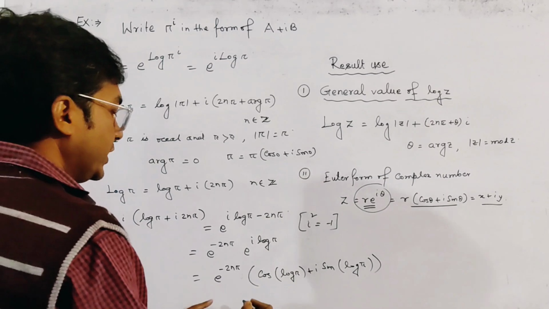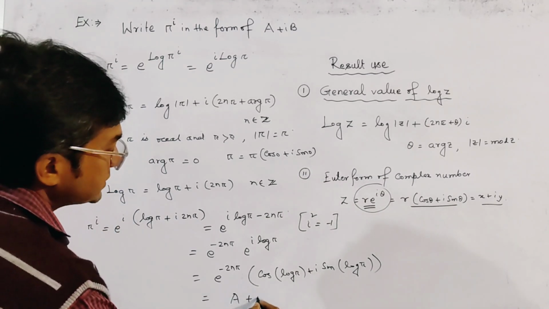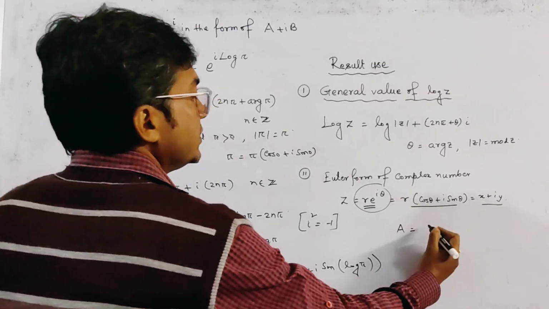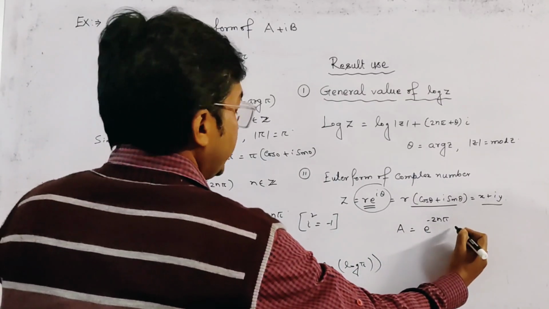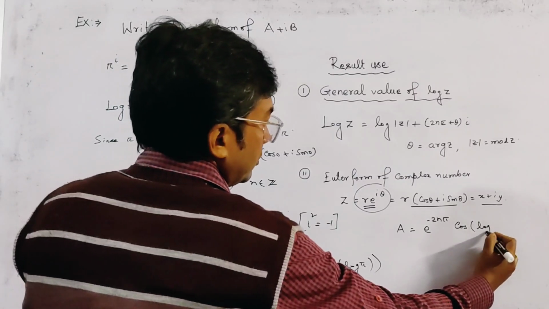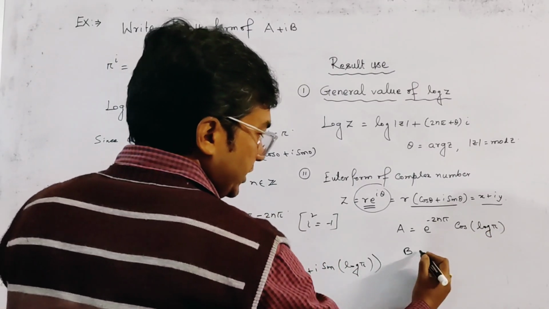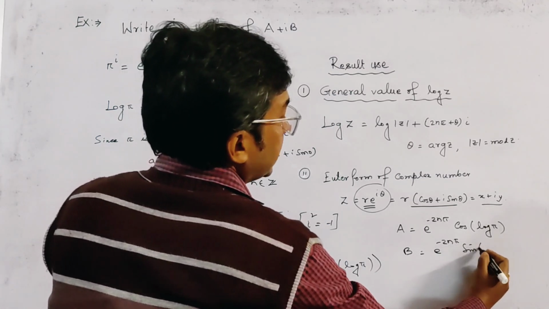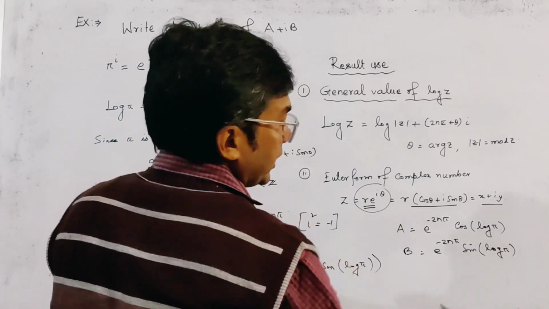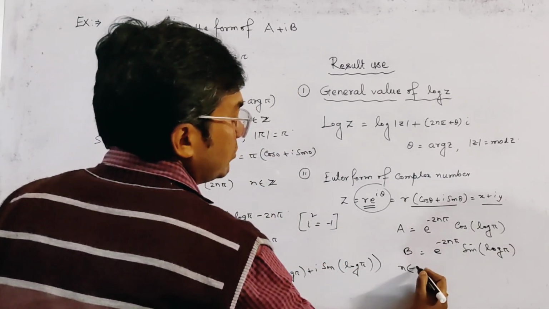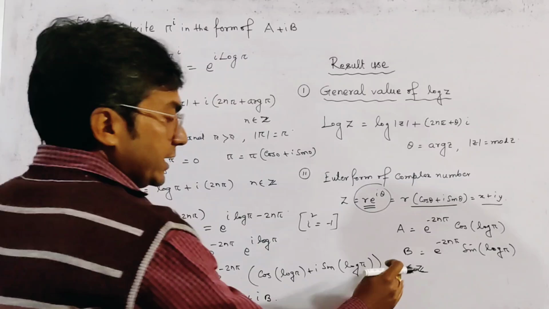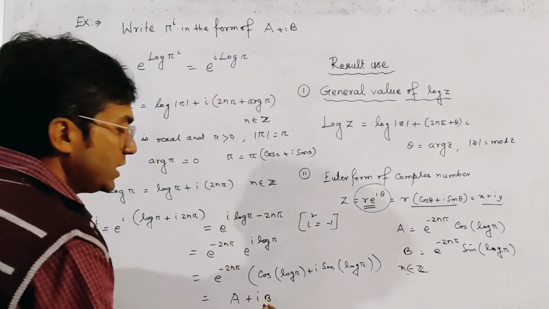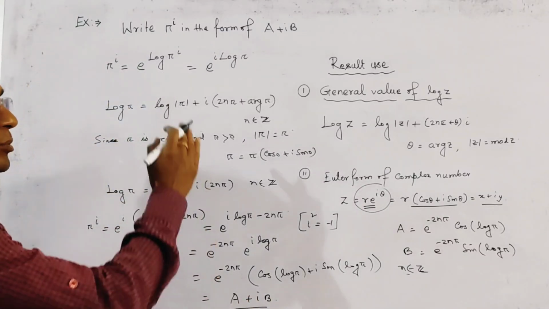Now we write this as a plus ib, where a is equal to e to the power minus 2n pi into cos of log pi, and b is given by e to the power minus 2n pi into sin of log pi. Here n is an element of Z, that is, n is an integer, and this is the final answer of this problem.